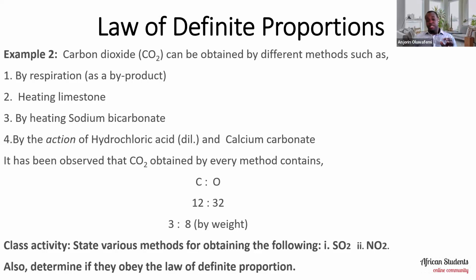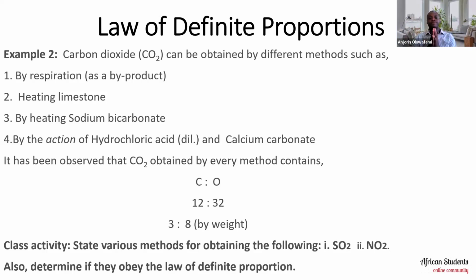Now, it has been observed that CO2 obtained by every method contains carbon and oxygen. And the carbon and oxygen is always in the ratio 12 to 32. How do we arrive at this? The relative atomic mass of carbon is 12, that of oxygen is 16. But because we have O2, it will be 2 multiplied by 16, that will give us 32.